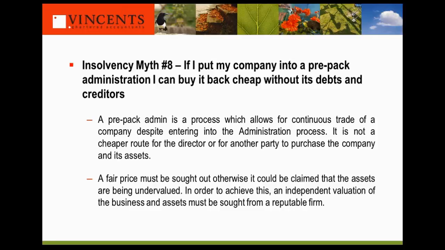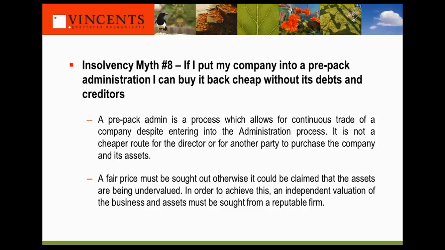Otherwise, a liquidator appointed to the original business comes along and determines that the transaction where they haven't paid market value is an undervalued transaction, and they seek recovery action against the director for the extent of the shortfall or the underpayment that they made.